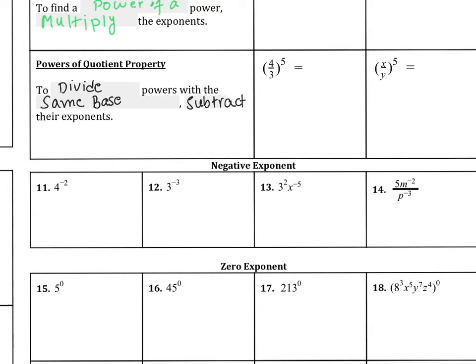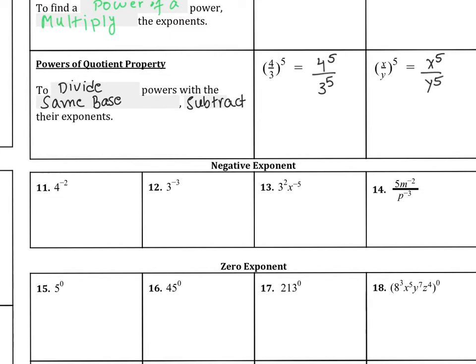So for example, if you have 4 over 3, then you're going to first of all write them this way, and if they have the same base, then you can subtract. In this case, we do not have the same base. Again, x to the power 5 divided by y to the power 5. So that's all for these two.